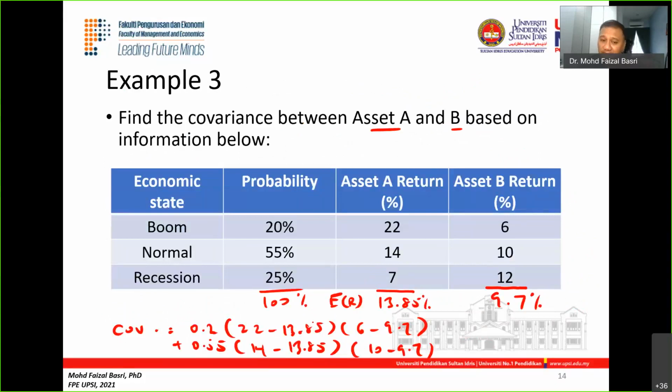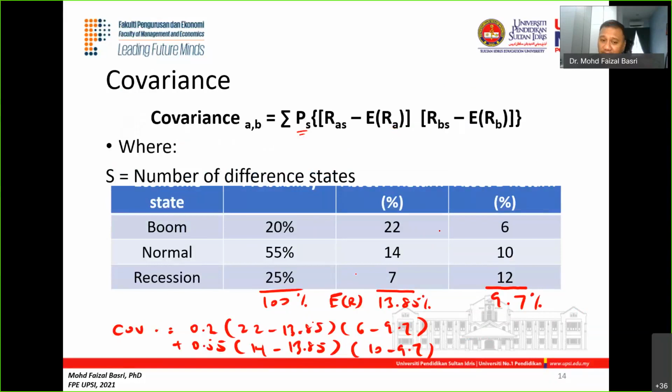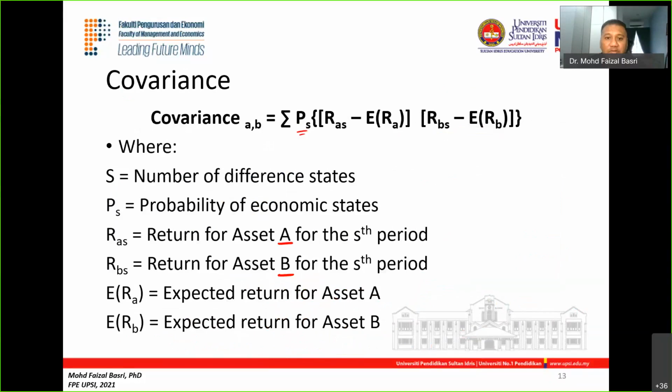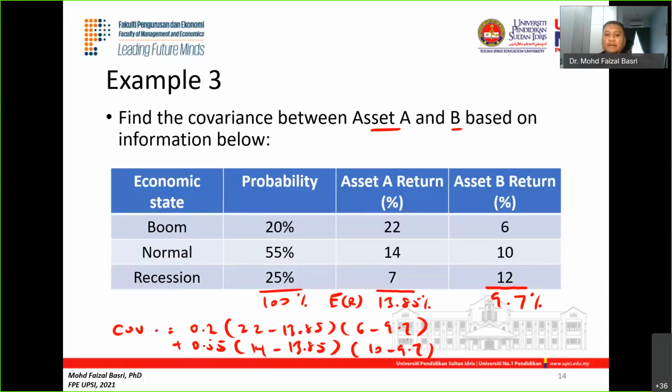Remember, when we have negative covariance, this indicates they move in opposite directions. So we don't square any of our values. For example, for our first value here, it's a negative value, so you just keep it negative.